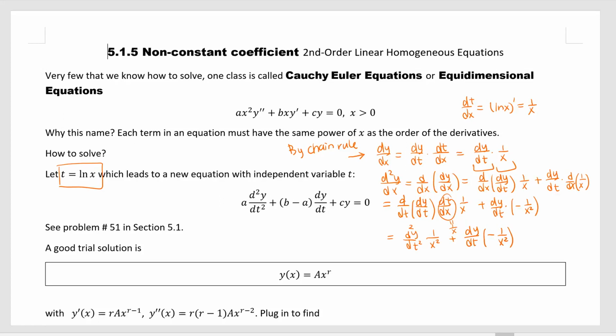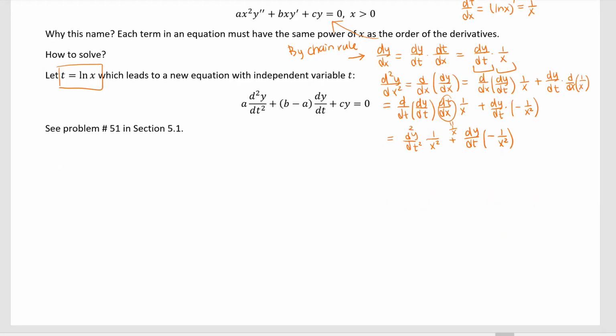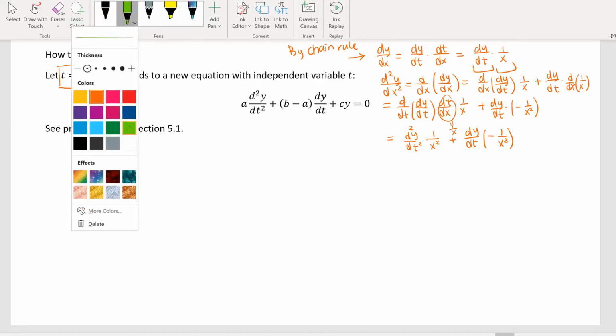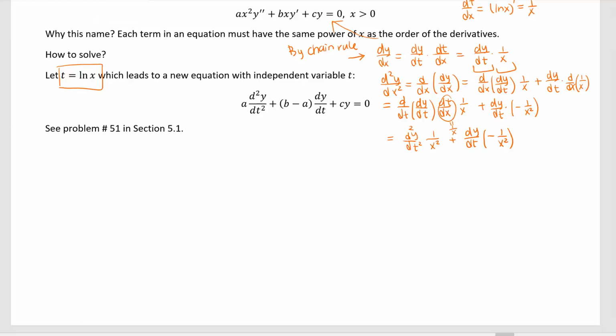So we have dy/dx and the second derivative, and we can then plug these into our original differential equation. So what do we get? Let me use a different color. Let's plug in these here.